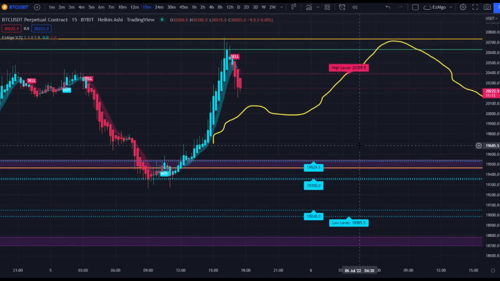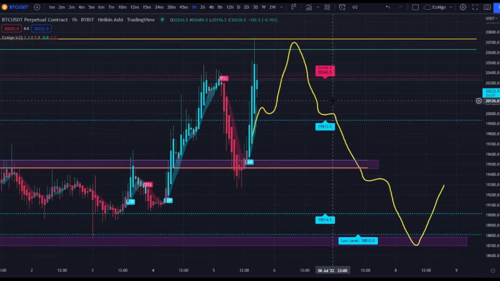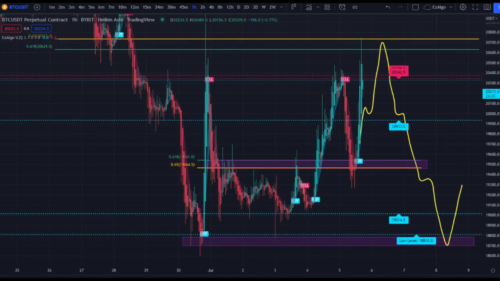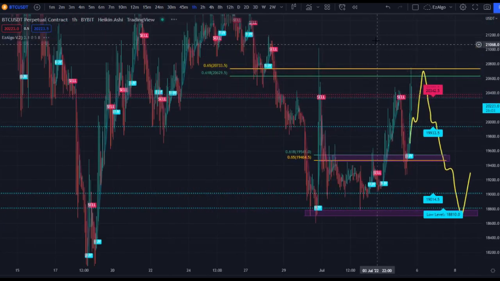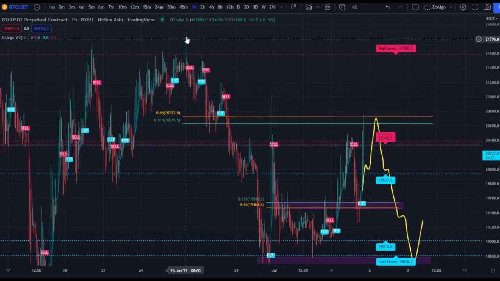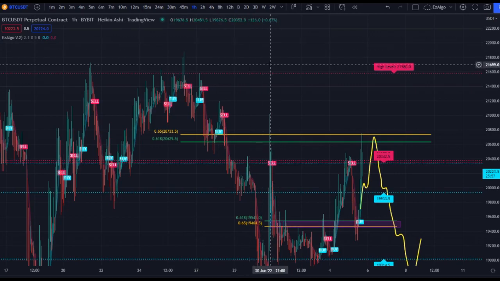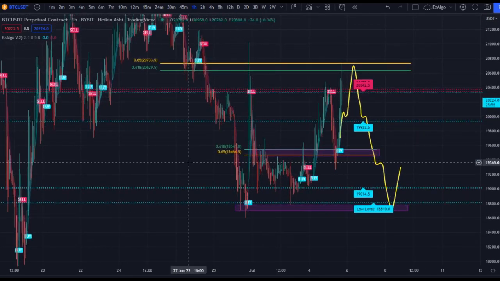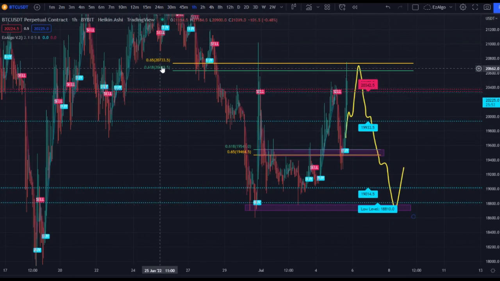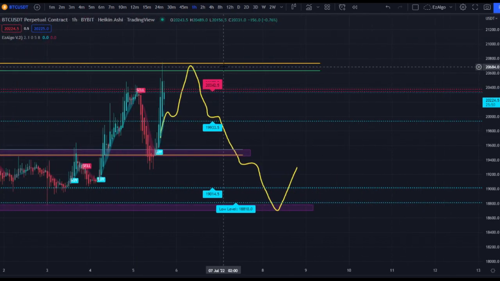We got that buy signal, and the next area of interest I was looking for was this golden fib level, which I've been talking about for a while now, which is the fib from the local top up here at around 21.5 or 21.9 to the bottom right at around here, and that golden fib level was sitting at around 20,733.